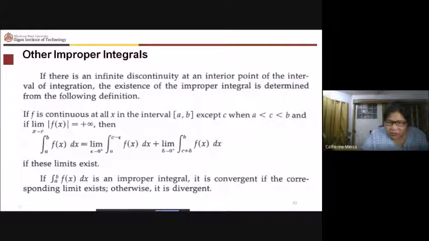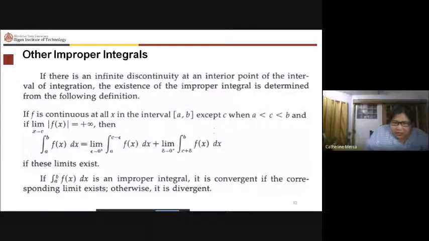What you do is take a value before c, which is c minus epsilon, and a value after c, which is c plus delta.